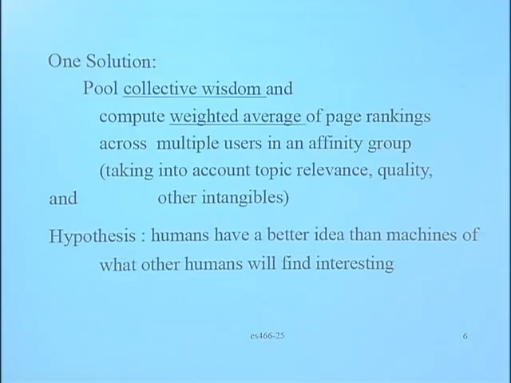One idea is to do this in a Boolean way: you're either a member of this affinity group or not, and you take the collective wisdom of that group. Or we can do this in a pairwise fashion between all individuals and their individual judgments and us. And the general hypothesis is that humans have a much better idea than machines over what other humans will find interesting.